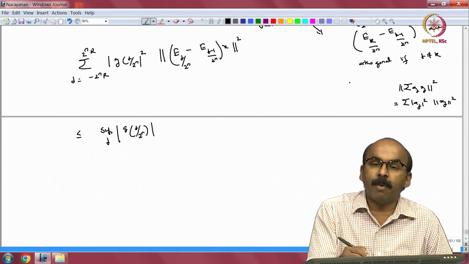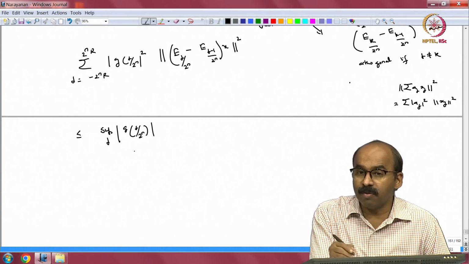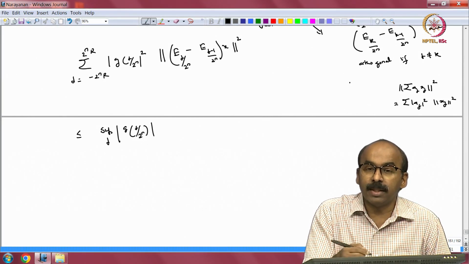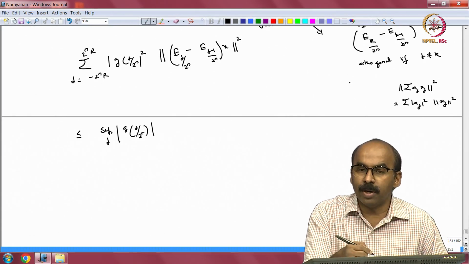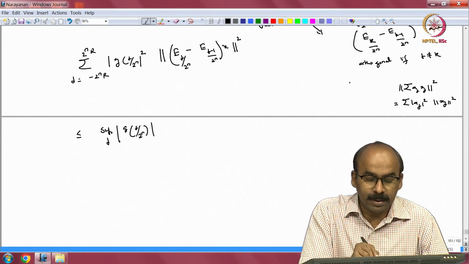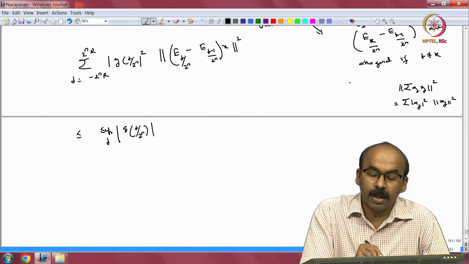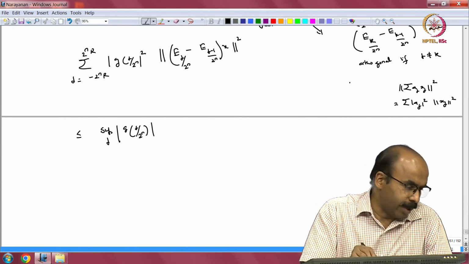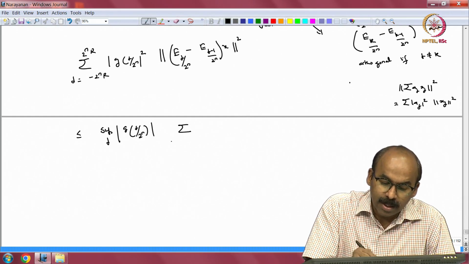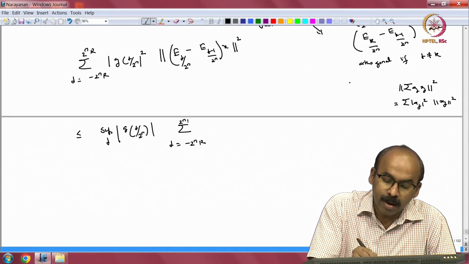Of course, you can bound it by the L infinity norm of g, the supremum norm of g, that is what we want finally, but let us keep this because to prove that the limit exists we need to do a slightly more delicate estimate. So, I take the supremum of g of j by 2 to the n outside, where j runs from minus 2 to the n r to plus 2 to the n r.